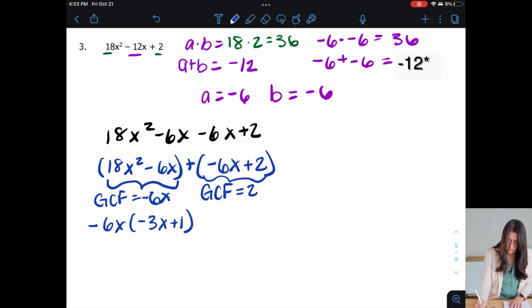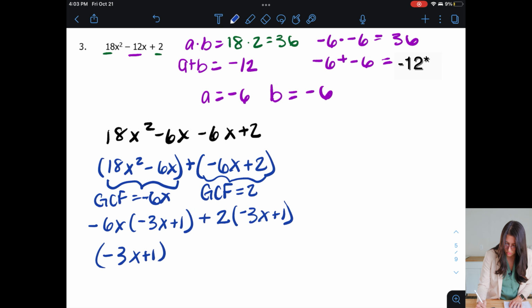And then factoring out the 2, you are left with 2 times the quantity negative 3x plus 1. Now we can factor out the negative 3x plus 1. Negative 3x plus 1, the quantity, times the quantity negative 6x plus 2. And that is your final answer.